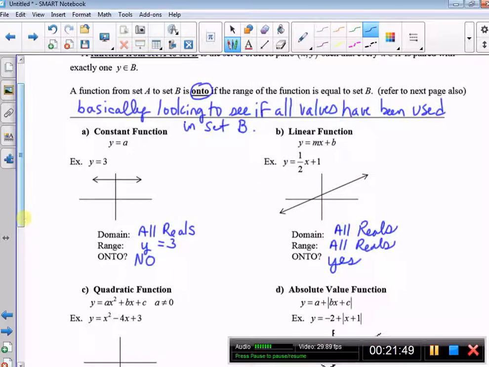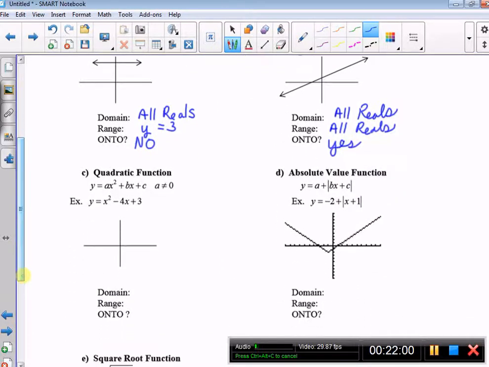That's set B. Set A is your domain, set B is your range, and what we use to determine if it's onto or not. The quadratic function, y equals ax squared plus bx plus c, if I factor that real quick, x minus 1, x minus 3, my zeros are going to be at 1 and at 3.